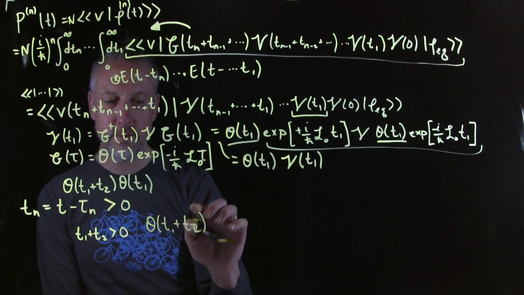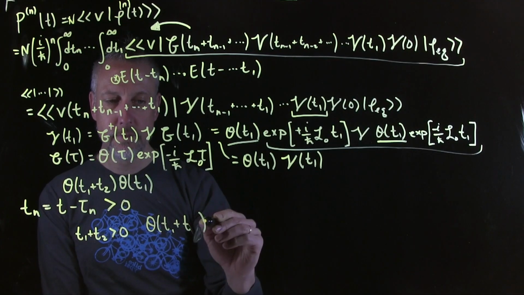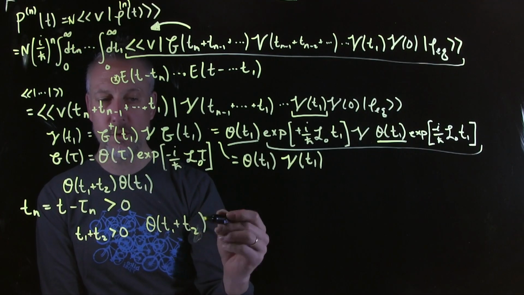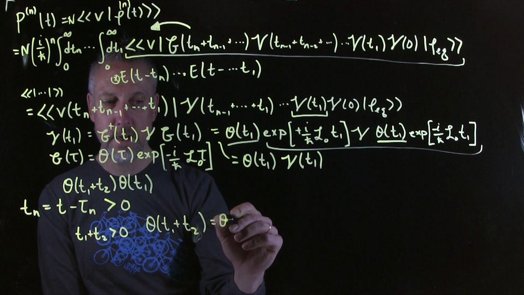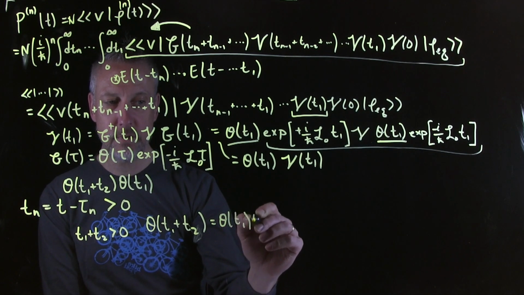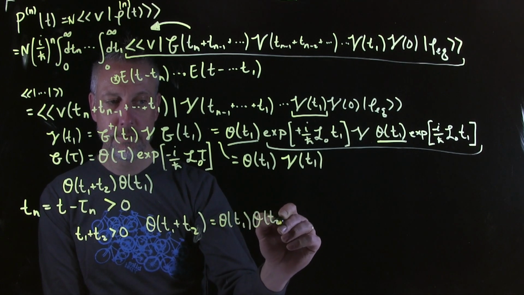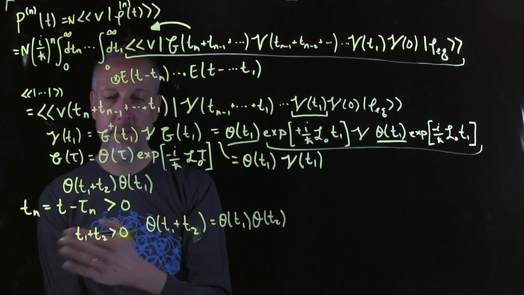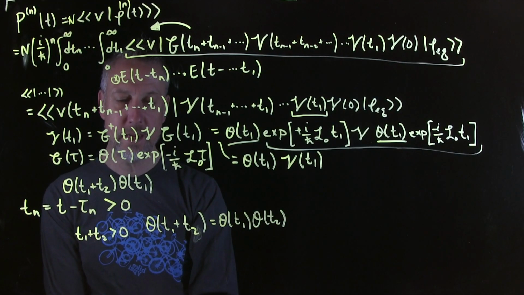is equivalent to saying, are both T1 and T2 greater than 0, which we can write by writing theta T1 times theta T2. And this isn't going to work if they could have negative signs, but they can't.